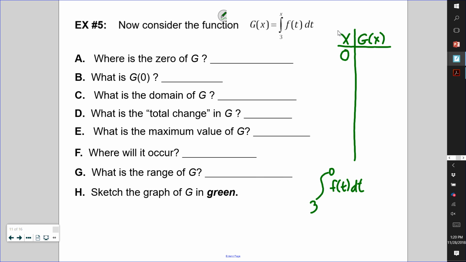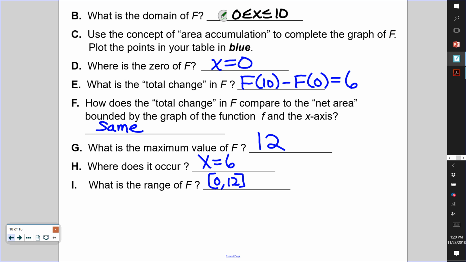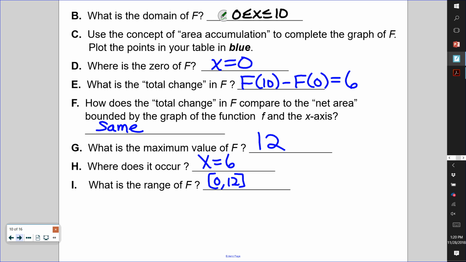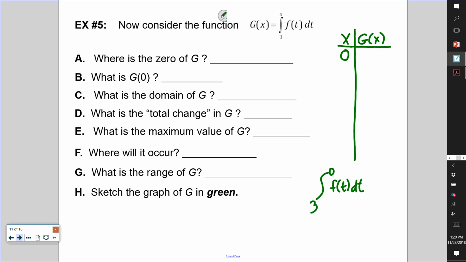So let's go back and look at the graph. If we go from 0 to 3, what are we going to get for the area? It's 3 times 3 is 9. Take half of that, that's 4.5. But then it'll have to be negative 4.5, because we're going the other direction. So this is negative 4.5.